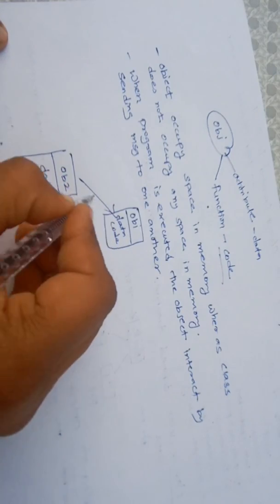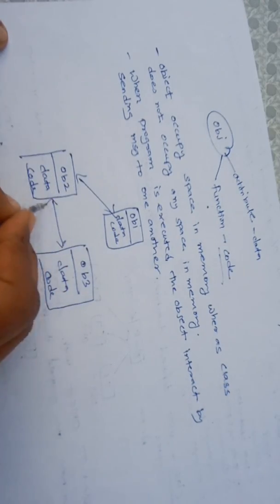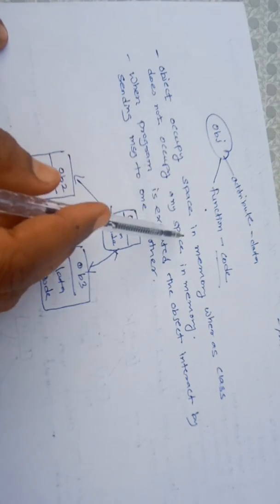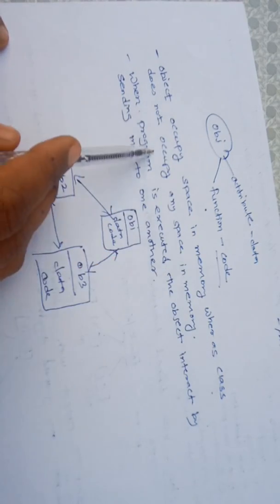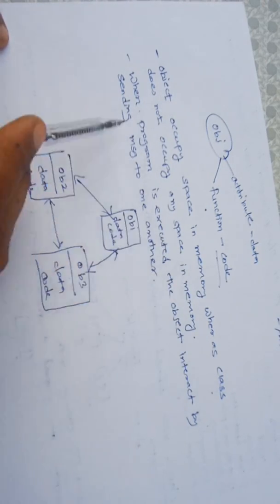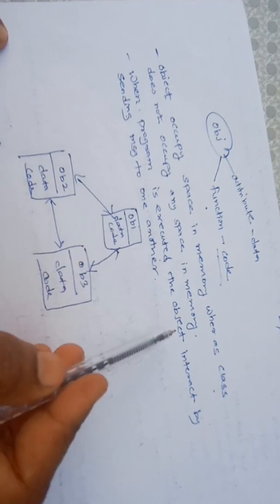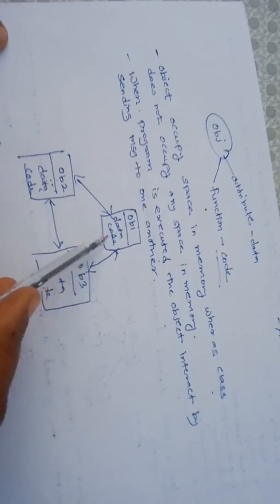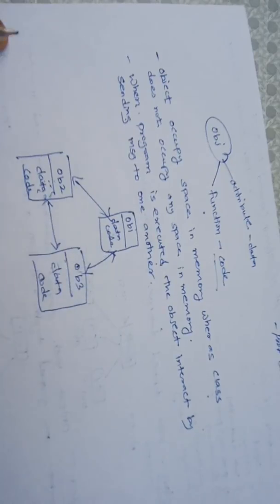They interact with each other. This is the definition of an object: it occupies space in memory whereas a class does not, and when a program is executed, objects interact by sending messages to one another.